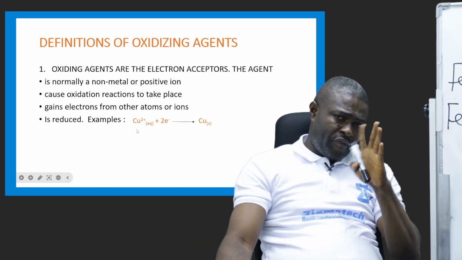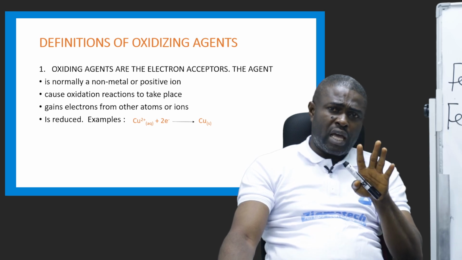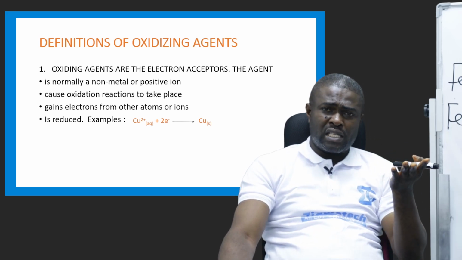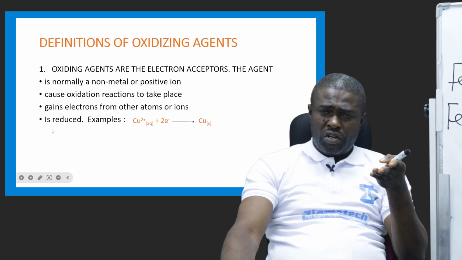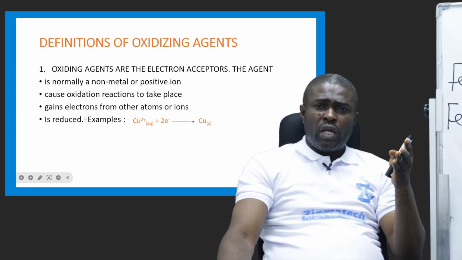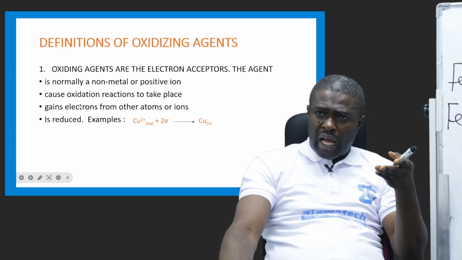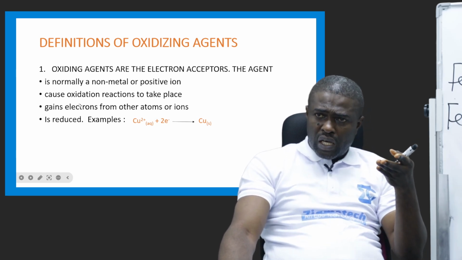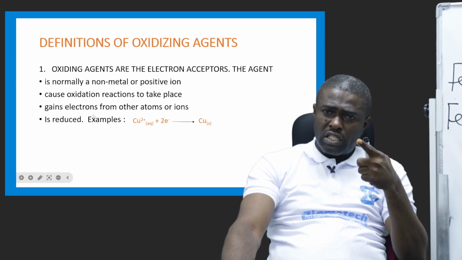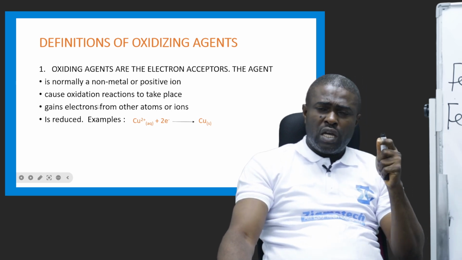Okay, I have mentioned the 3 key points here, how you can identify oxidizing agents. They are reduced in a redox equation. They are the agent that gains what? Electrons.